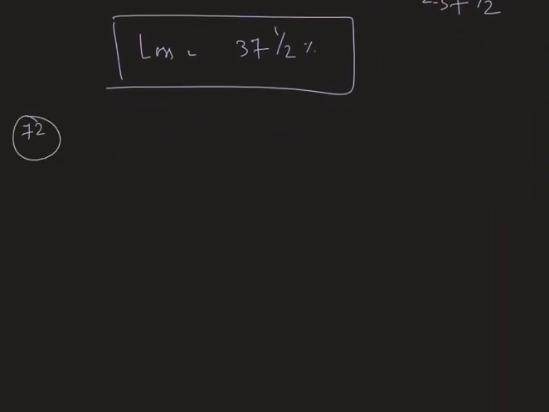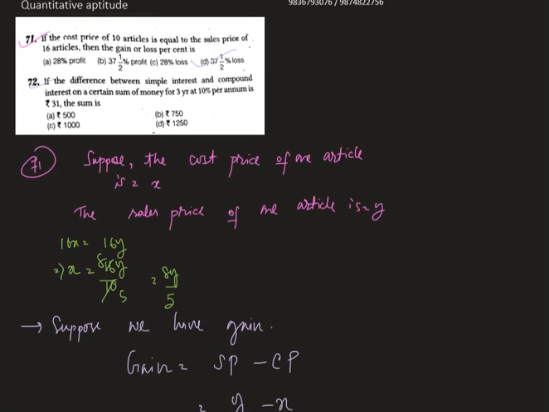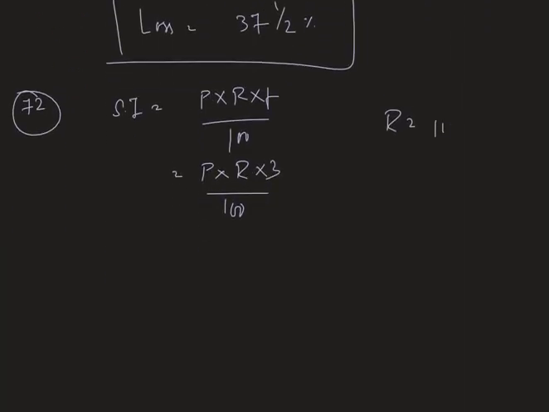Okay, so the simple interest is P into R into T divided by 100, where P is the principal amount, R is the rate, and T is 3 years, and R is equal to 10%, or R is equal to 10.